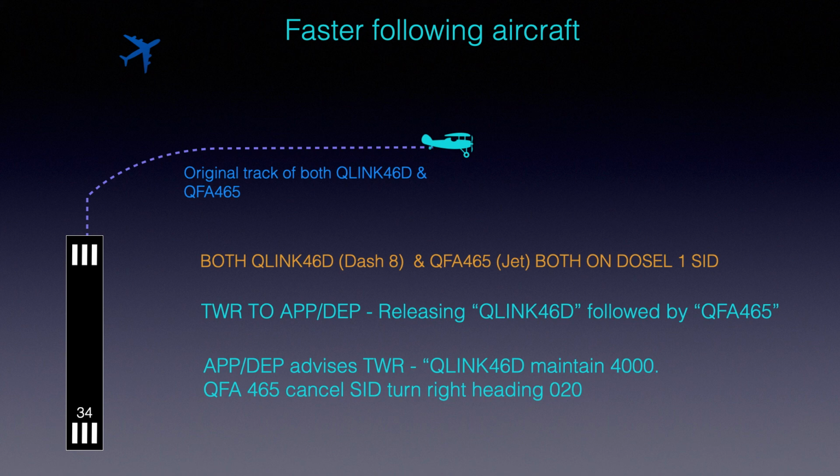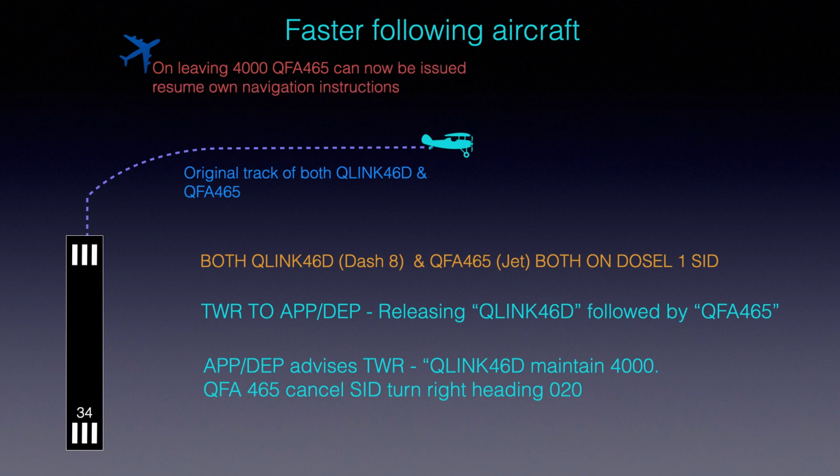Now, you know that the Q-Link is only at 4,000 and you know the jet, on leaving 4,000, you can say to Qantas 465, because now you've got vertical separation, Qantas 465 can now be issued resume own navigation instruction, i.e. Qantas 465 resume own navigation track direct Docel.